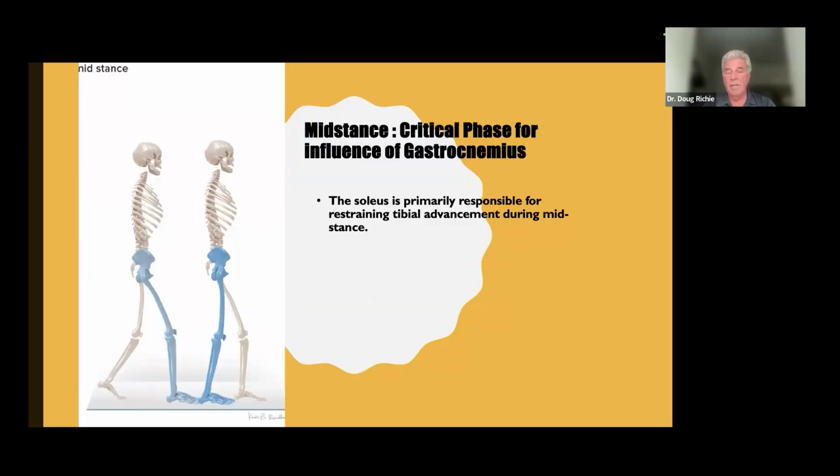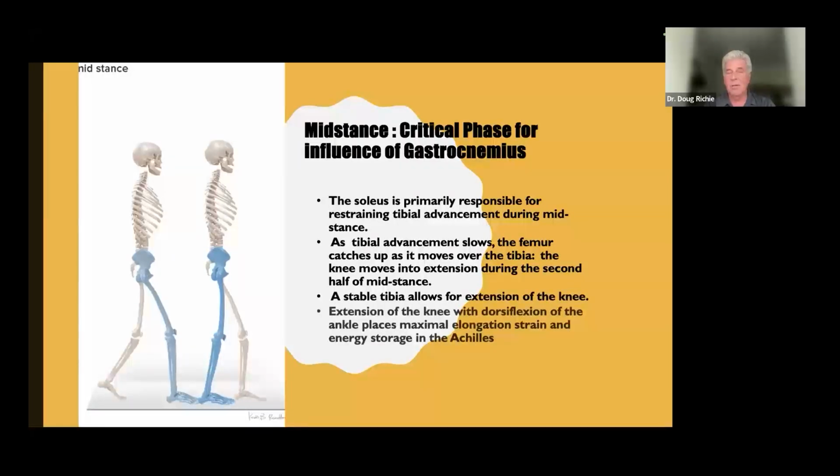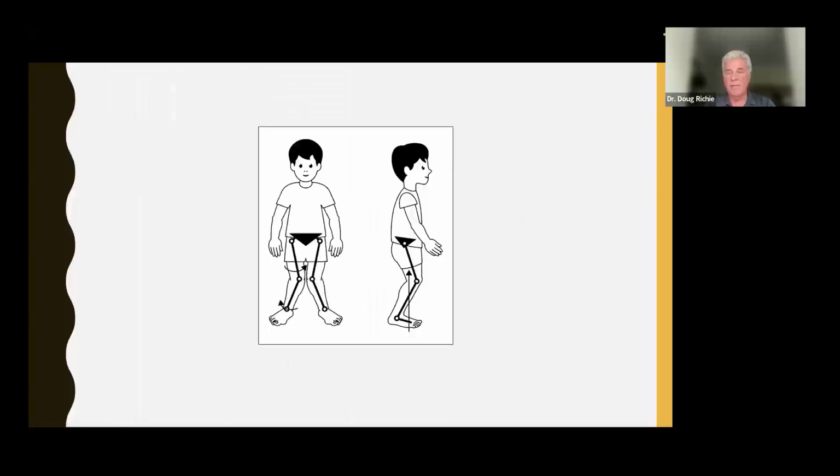If the soleus is not controlling the tibia, the knee will buckle. The knee will go into a flexion deformity. And so a leg muscle stabilizes the knee indirectly by stabilizing the ankle. So with soleus muscle weakness, you will see the knee go into hyperflexion.